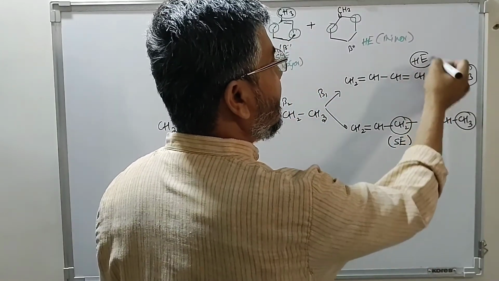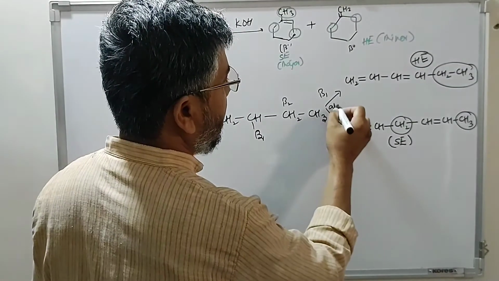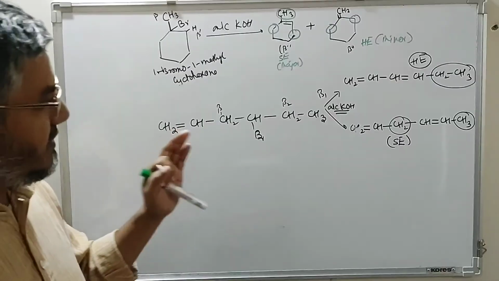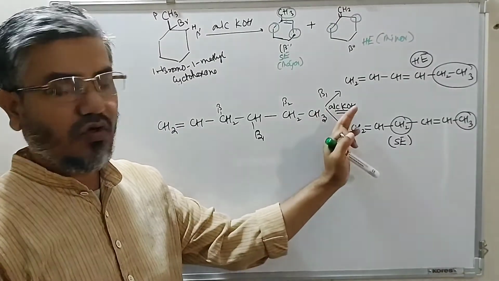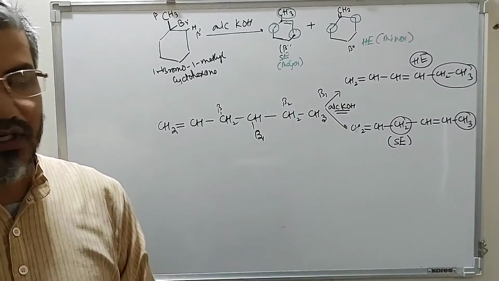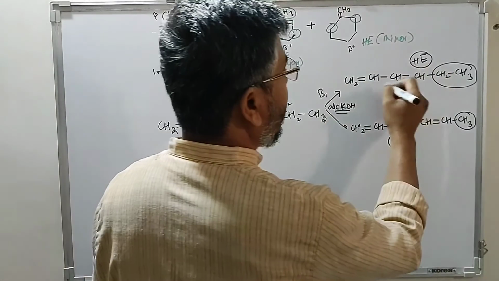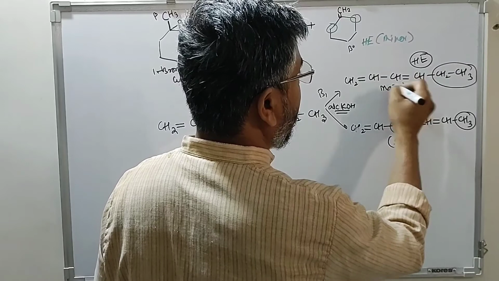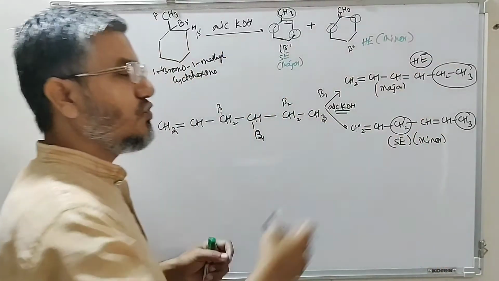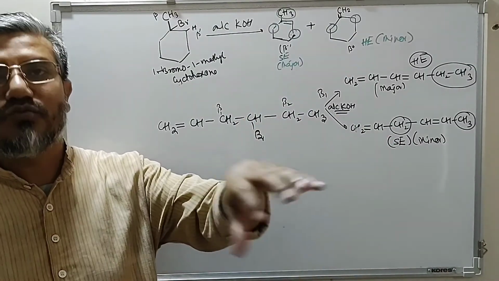Now in this particular reaction, we are using alcoholic KOH, which means we have a normal alkyl bromide with a normal base. So the reaction should have given the Saytzeff product. But in this reaction, the Hofmann product forms as the major product, and this forms as the minor product.